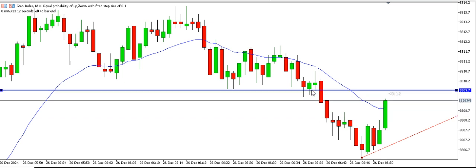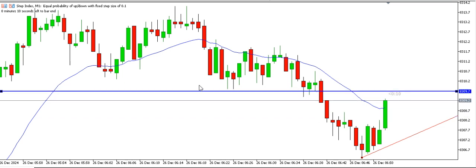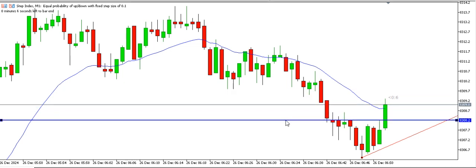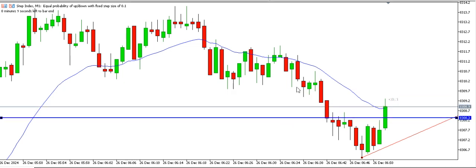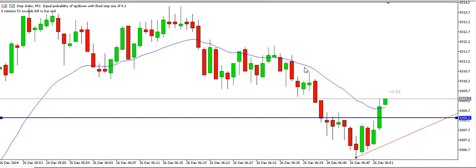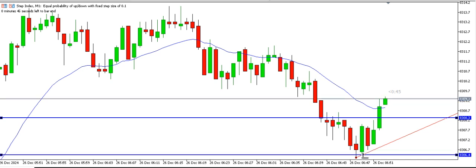I can either sell around here at the drop of this support, or I sell around here at the clear formation of 3 bearish candles. Clear formation of 3 bearish candles, 1, 2, 3, below the 21 EMA. And if I'm going to sell that, I will sell up to this point.